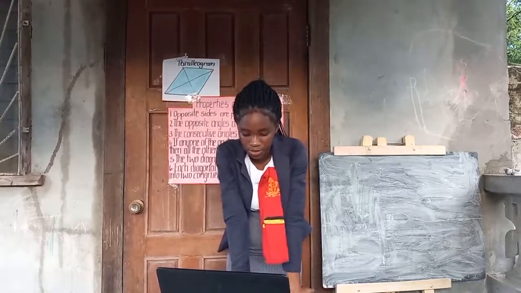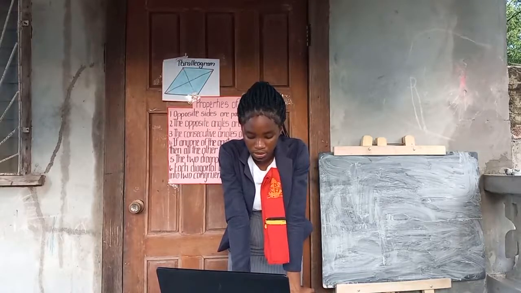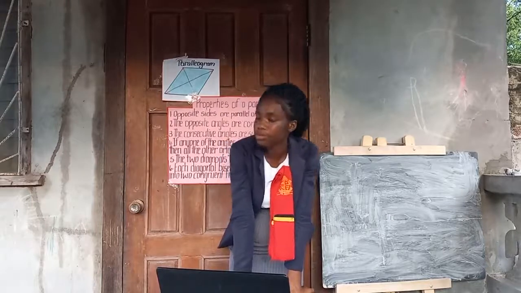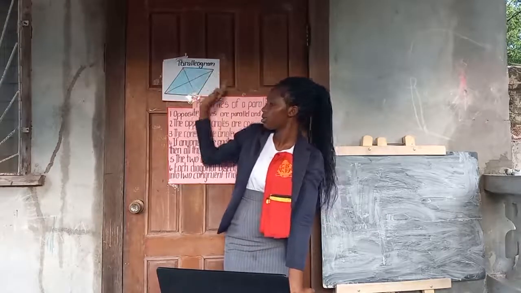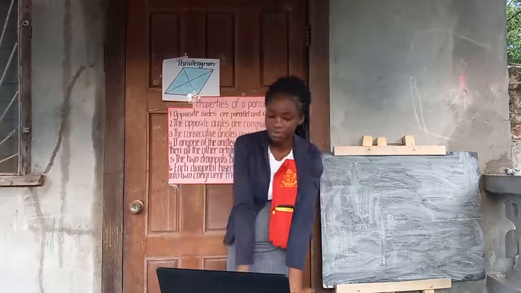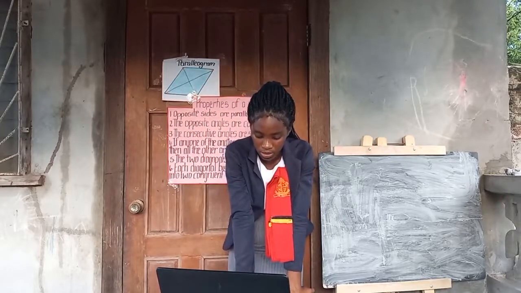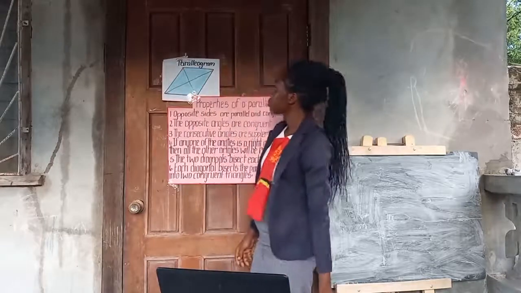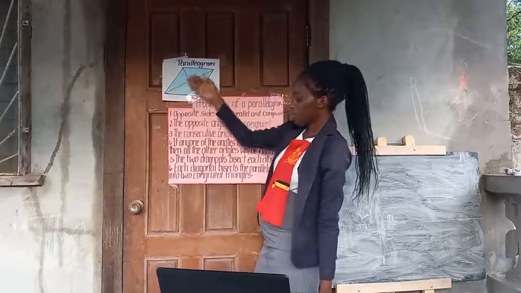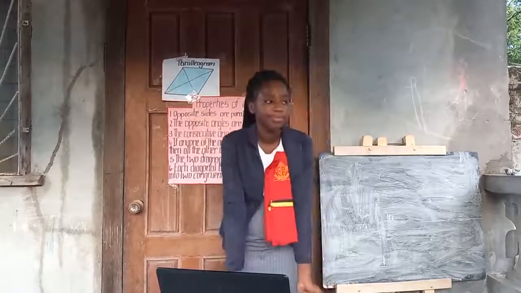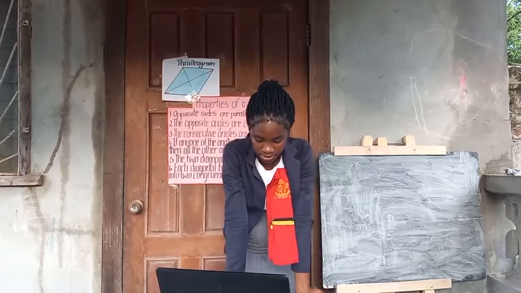One of the most important theorems is a diagonal of a parallelogram divides it into two congruent triangles. Let us prove that. We take a parallelogram ABCD and draw a diagonal AC. It divides the parallelogram into triangle ABC and triangle ACD.